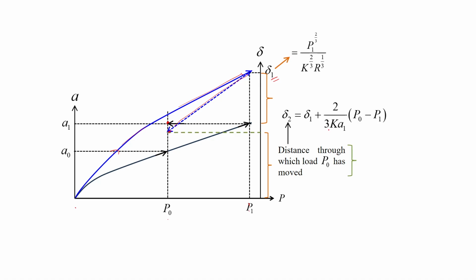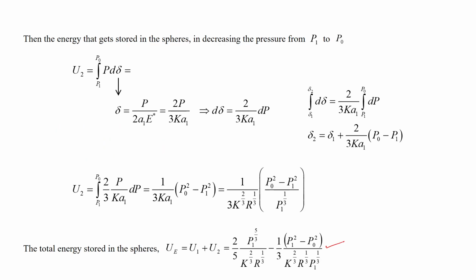Now, how do I estimate that quantity? That can be obtained easily. Let us say that d delta is given by this, the second part, the delta was given by this. So, now we integrate with P going from P1 to P0, and for that the delta goes from delta 1 to delta 2.